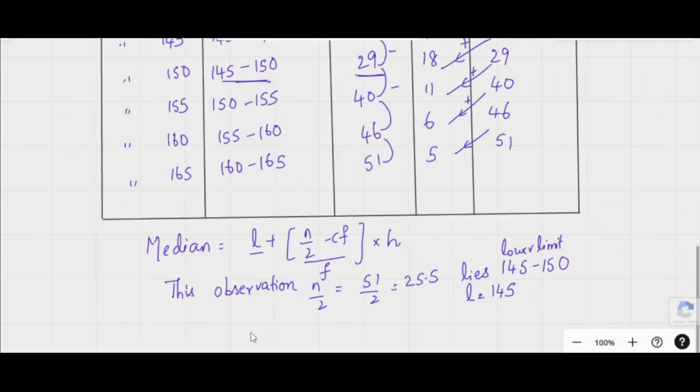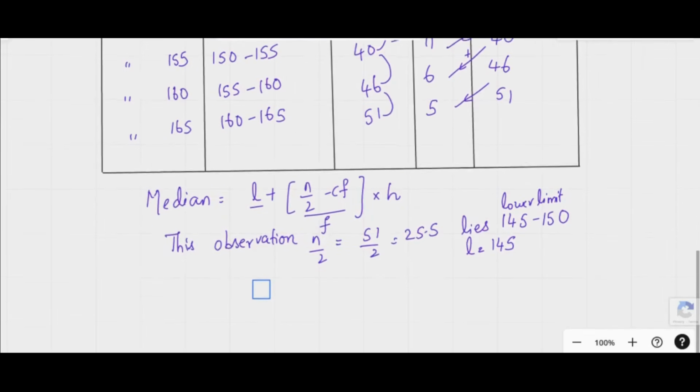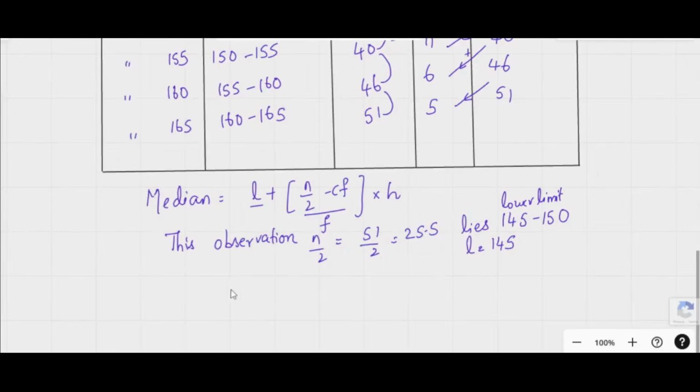And then what should we find now? We need the cumulative frequency. So what is the cumulative frequency? The cumulative frequency is all about the preceding class. So let me show you the table here.